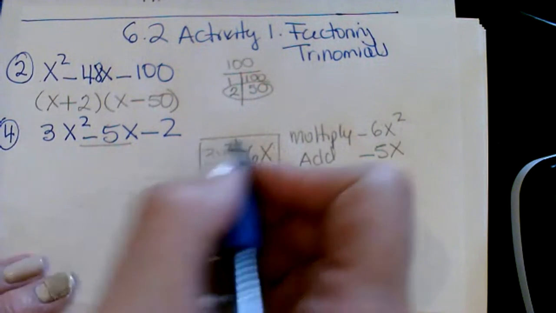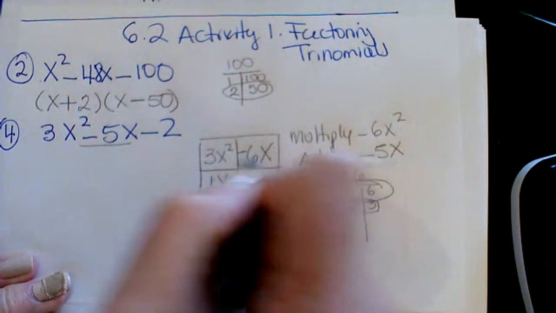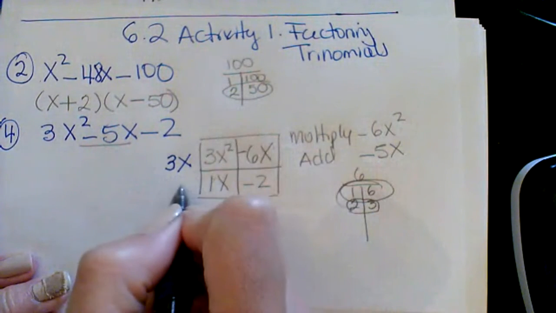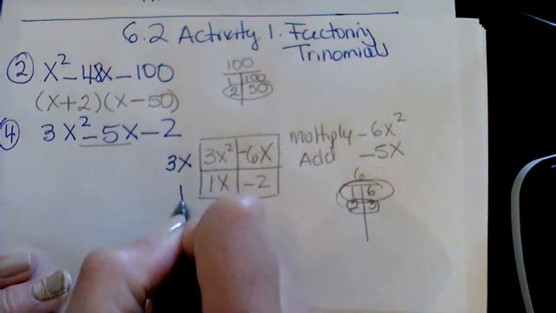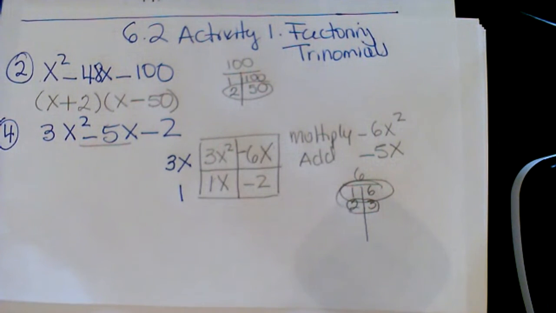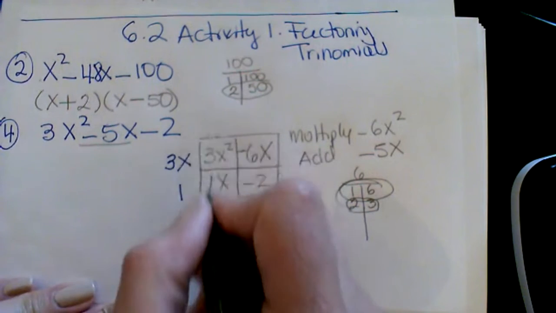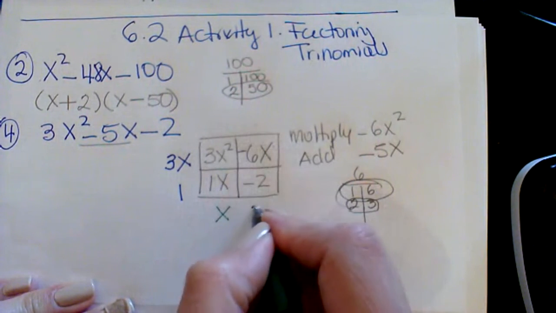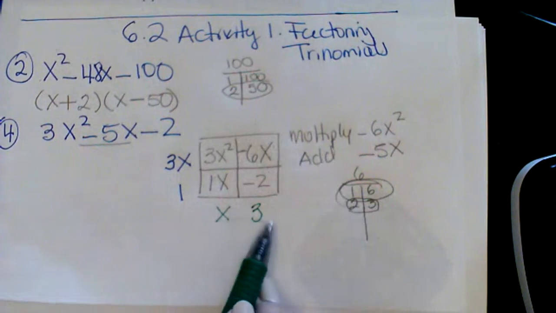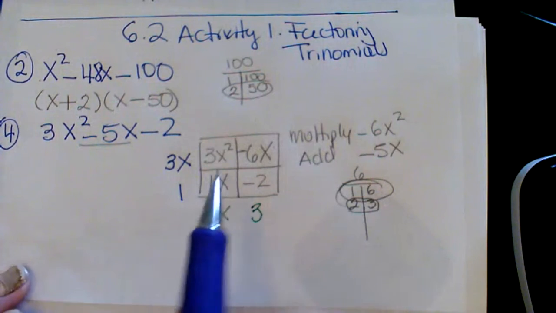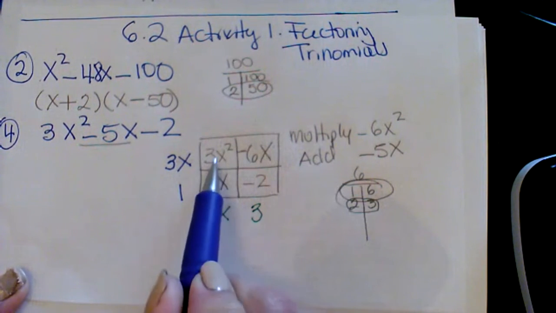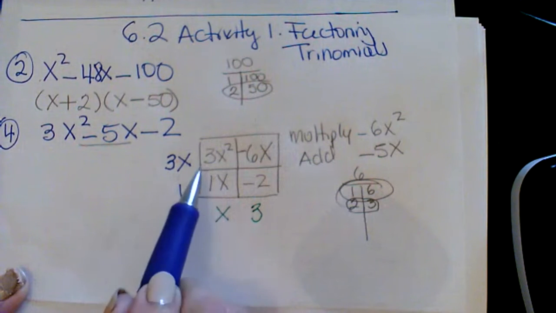So now, this row, what do we have in common? Greatest common factor, 3x. And from here, if you don't see anything, we write down the 1. And from this column, we have a 3. And from this one, we have an x and a 3. Now, let's talk about the signs. When we multiply 3x times x, we need a positive here. We're fine.